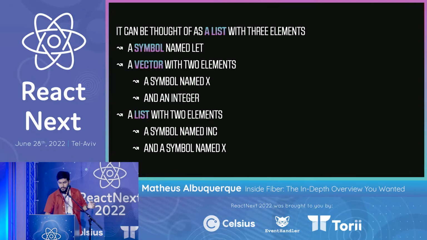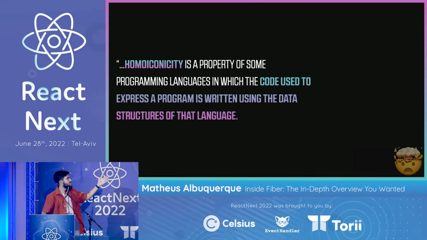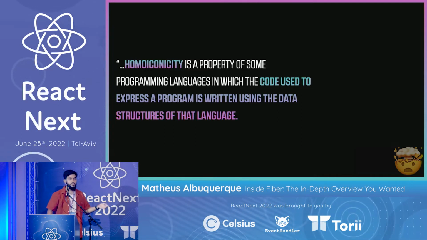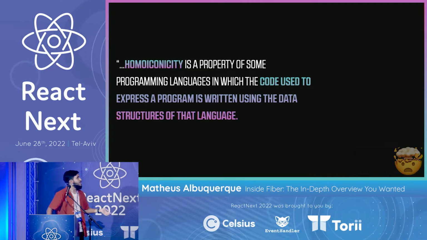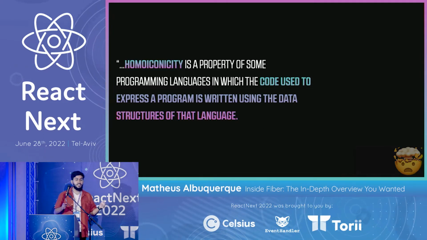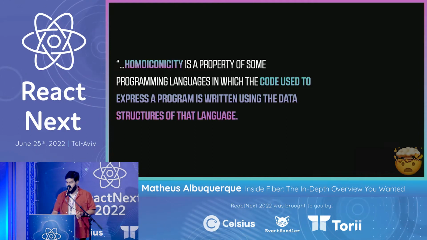So the reason is this takes us to the definition where homoiconicity is the property of some programming languages, for example, Clojure and other Lisp languages, in which the code used to express the program is written using the data structures of that language.